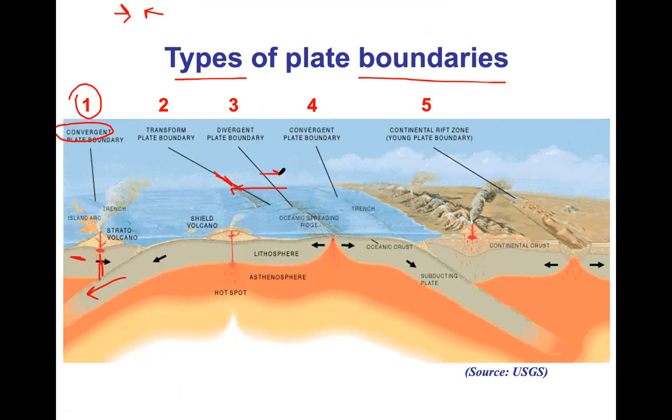You have some offset, some displacement. This displacement is caused by this parallel motion, and this one has moved in this direction, right? So it's something like you are moving one plate this way and the other plate that way. So this type of movement we call transform plate boundary.